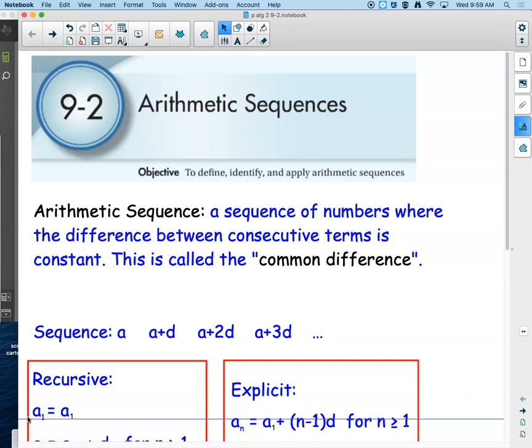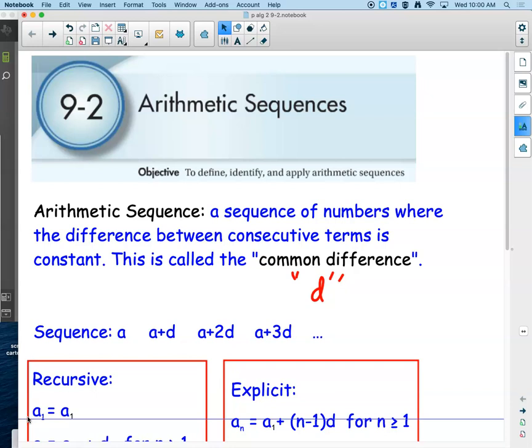We're going to just use a lowercase d for that common difference. So part of today's work is just, can we recognize when we see it? So can we see that they're adding the same amount every time, or they're subtracting the same amount every time? And once we have that, can we use the new formulas that we get?